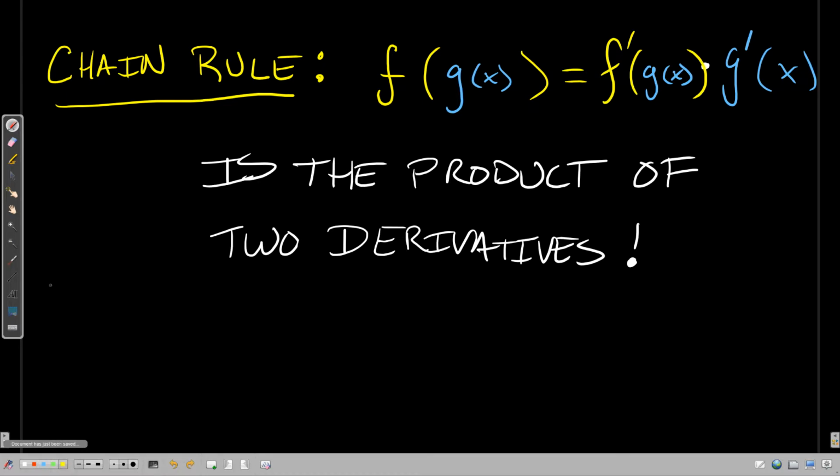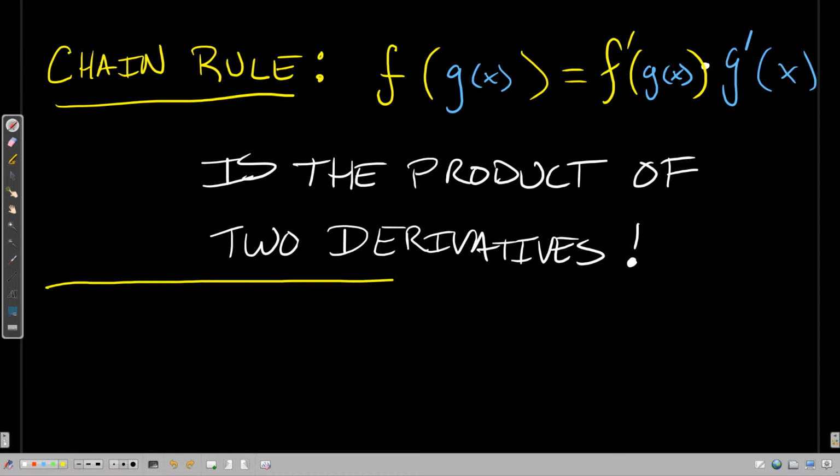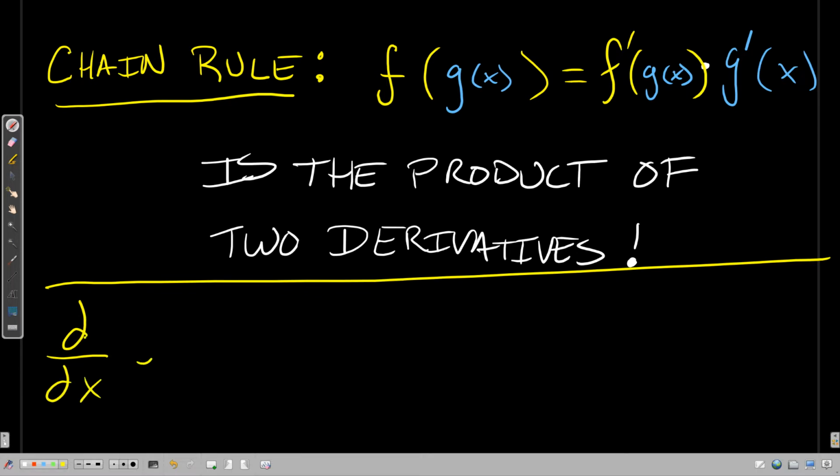Now, you probably already knew this, right? Because of the problems on exponential functions and logarithmic functions derivatives. What was our rule if I wanted to differentiate some exponential function, e to the g of x?